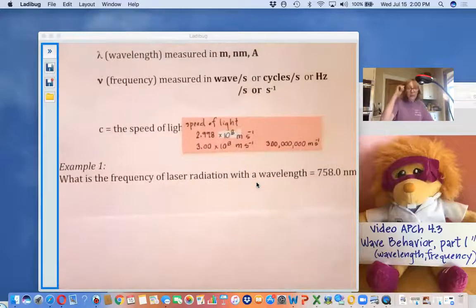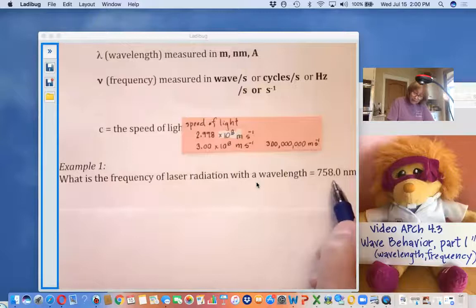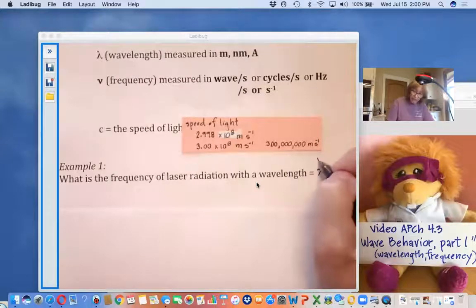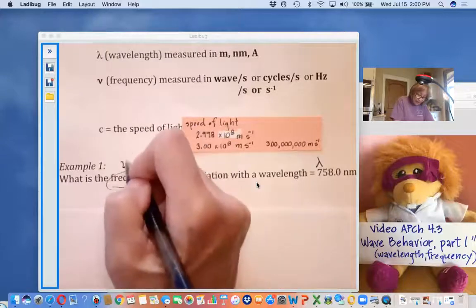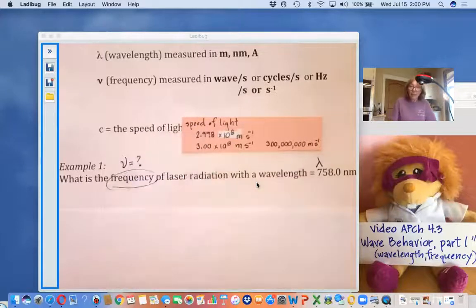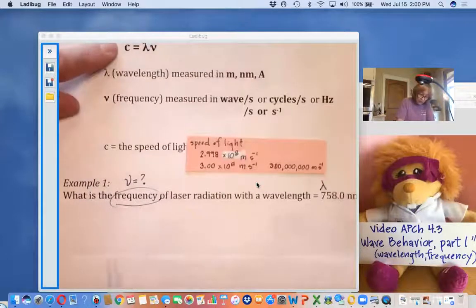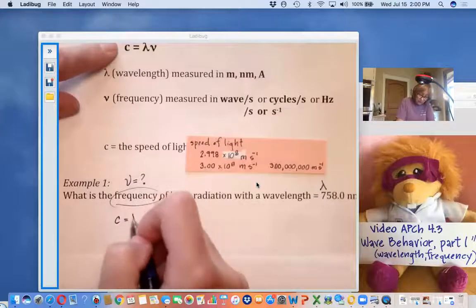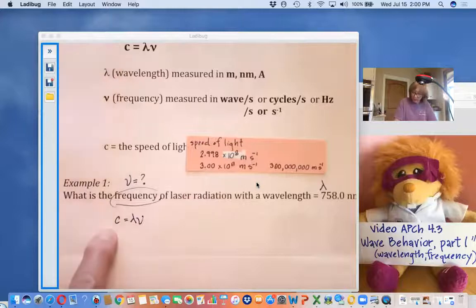What is the frequency of laser radiation with a wavelength of 758.0 nanometers? This problem has given me the wavelength, and it's asking me to find the frequency. So I'm going to use my mathematical relationship, my equation that says the product of wavelength times frequency equals the speed of light.